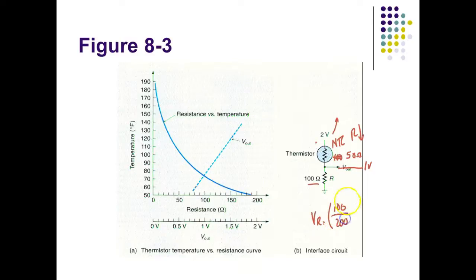The total resistance was originally 200 ohms, and we multiplied that times 2 volts, which gave us 1 volt. Right now, we're dropping this down to 50 ohms, so now VR is going to be equal to 50 divided by 150.